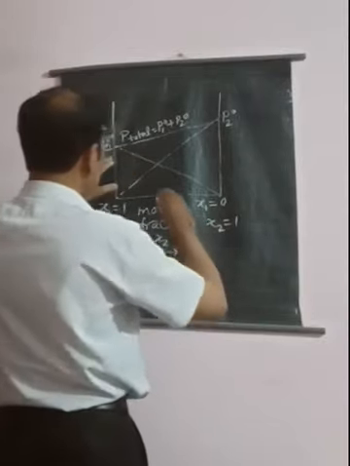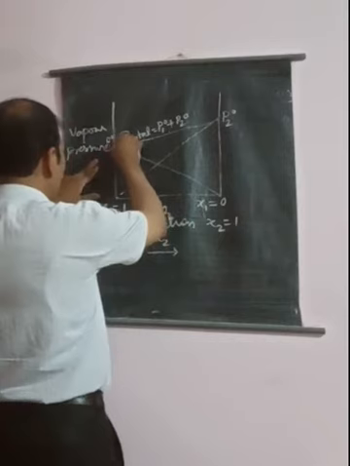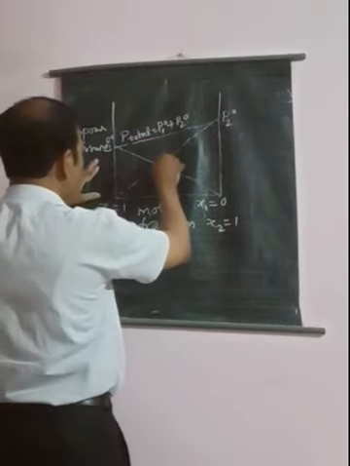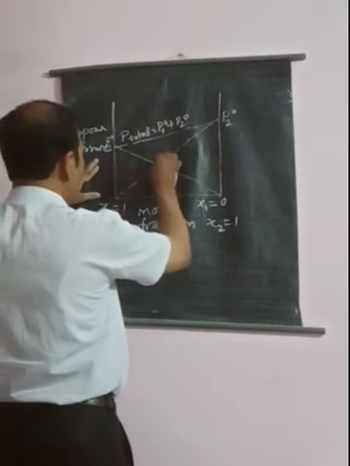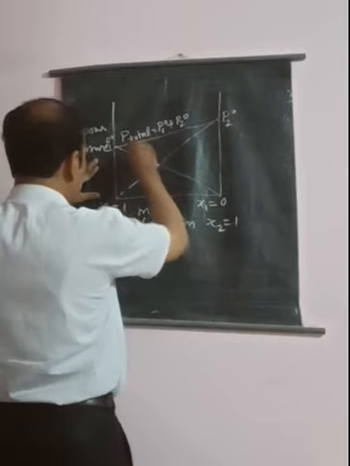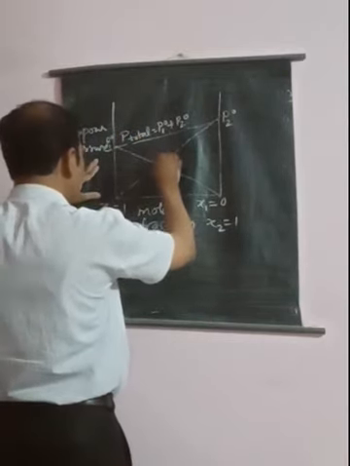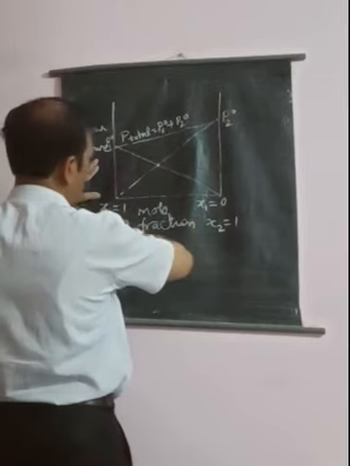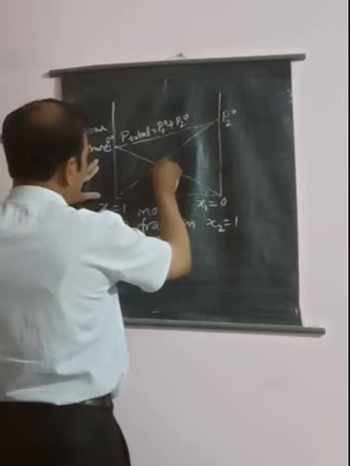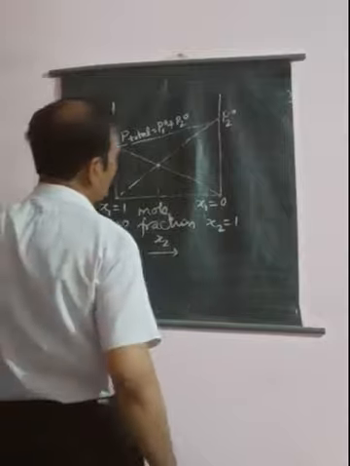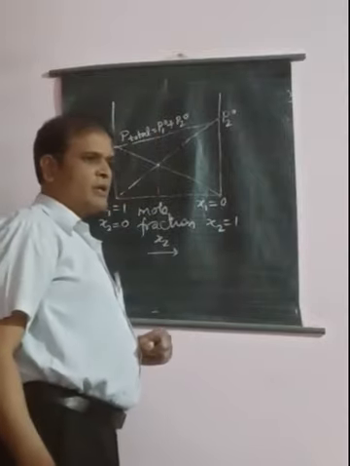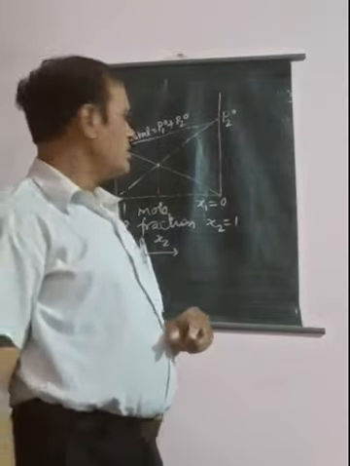If the vapor pressures of both components are plotted against their mole fractions, we get a common point. At this common point, the vapor pressure of the solution is shown.